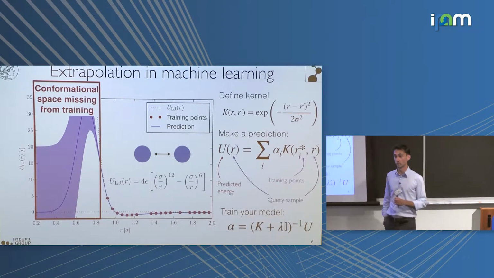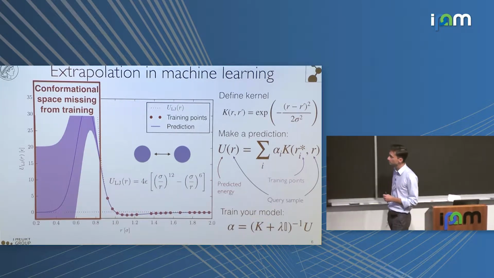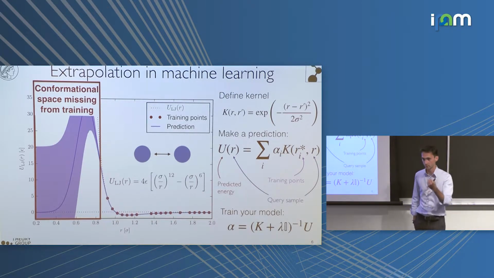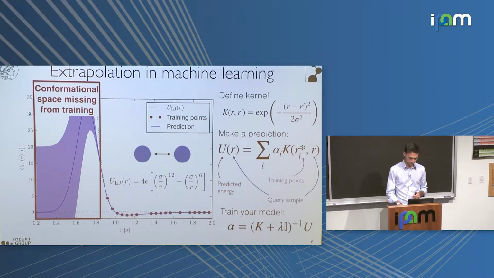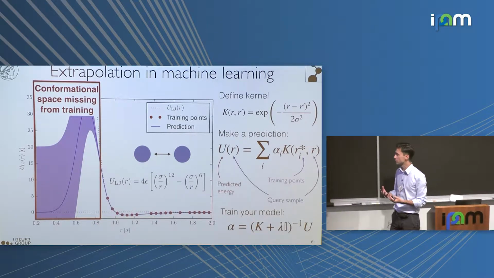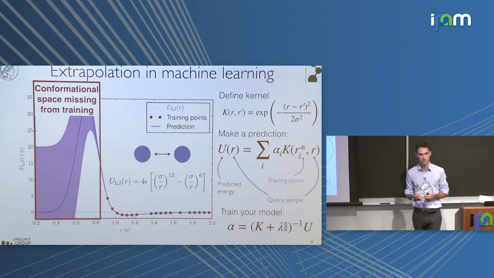And this is something you really want to avoid. It would actually take you quite a number of training points to have the function diverge, because it's quite a dramatic behavior. So this is a very simple illustrative example to motivate why we'd want to encode some physics into our models, because this is very basic physics: these atoms are not going to fuse together.